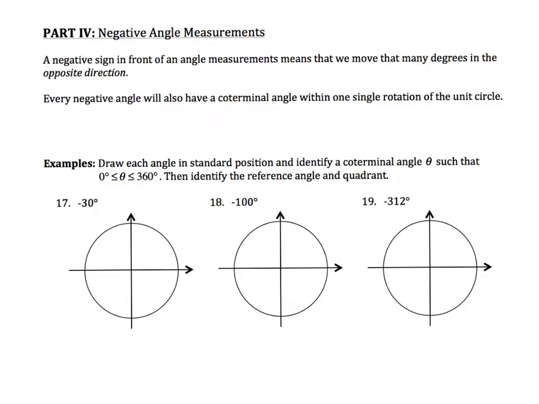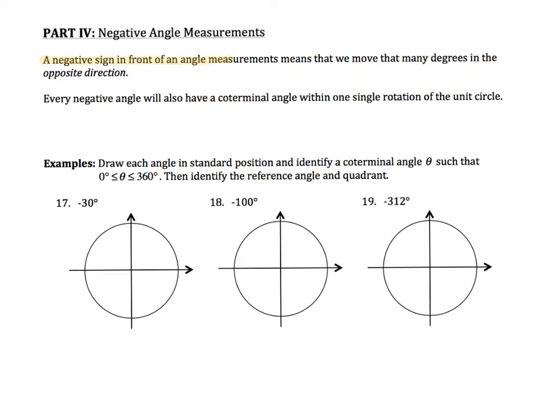Okay, and last but not least, there's just one more little wrench we can throw in the works here, and that's the idea of a negative angle, right? A negative, pretty much in math, physics, anything, it's really just going to mean that you go the opposite direction. So if a positive angle tells us to start in standard position and rotate counterclockwise, a negative angle tells us to start in standard position and go clockwise, right?